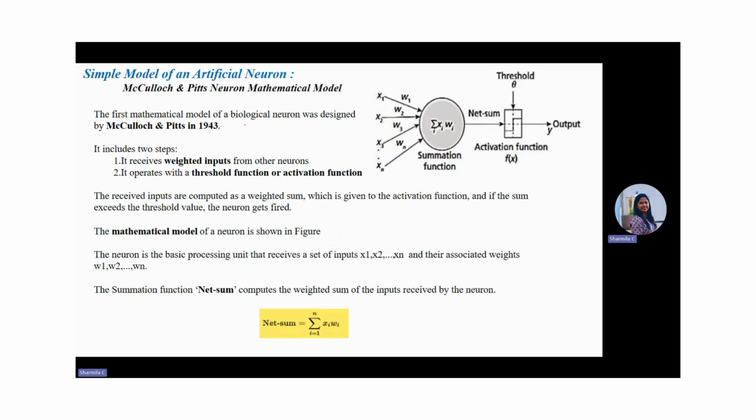Now, whatever mathematical model or simple neuron we consider, it includes two steps. It receives the weighted inputs from other neurons, and it operates with the threshold function or the activation function.